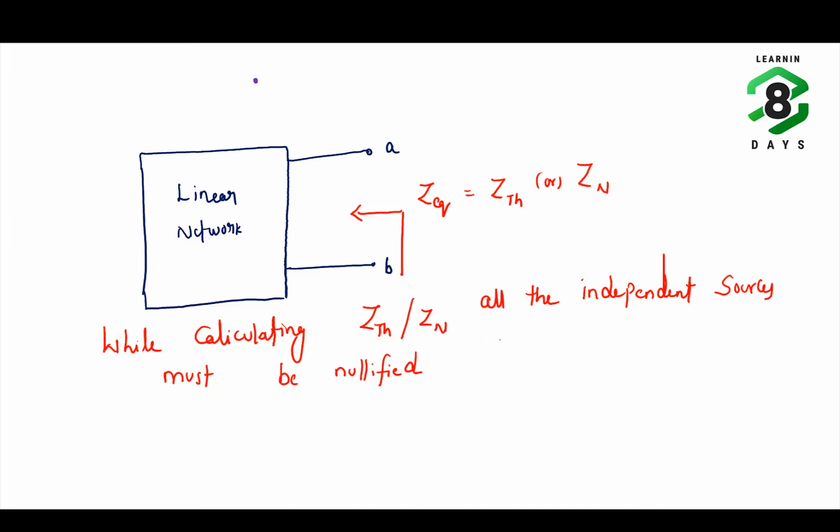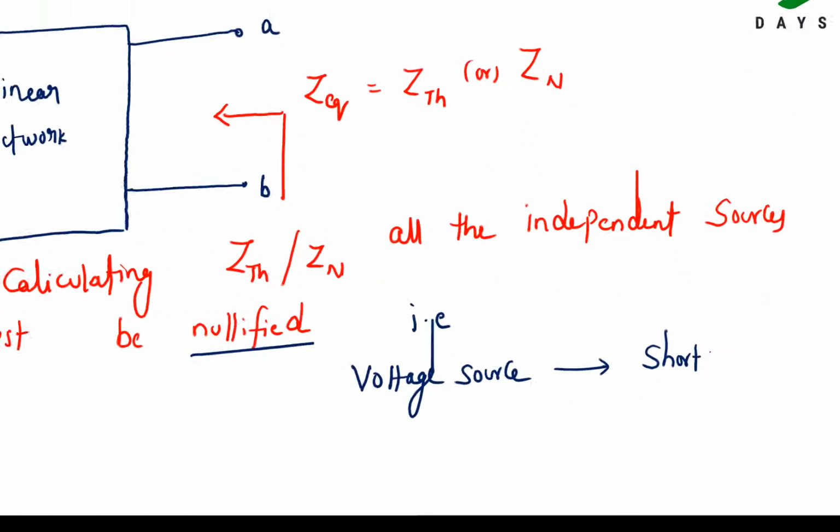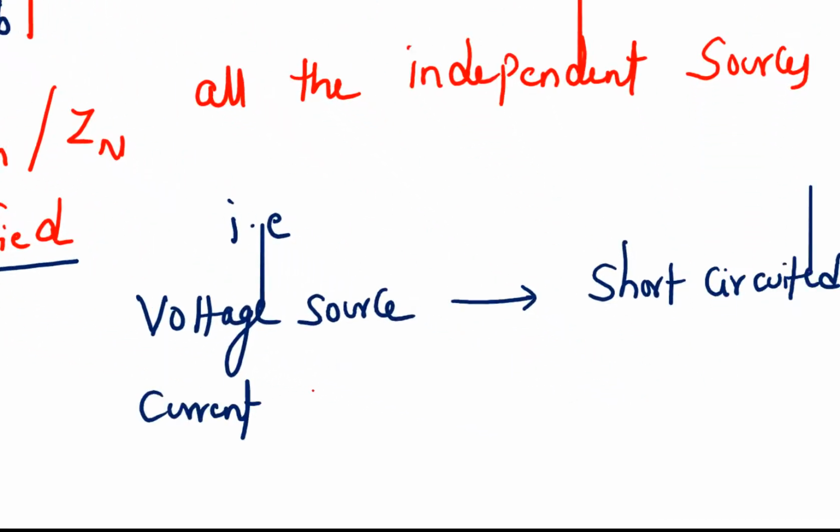What is the meaning of nullified? Voltage sources must be short circuited. Current sources must be open circuited.